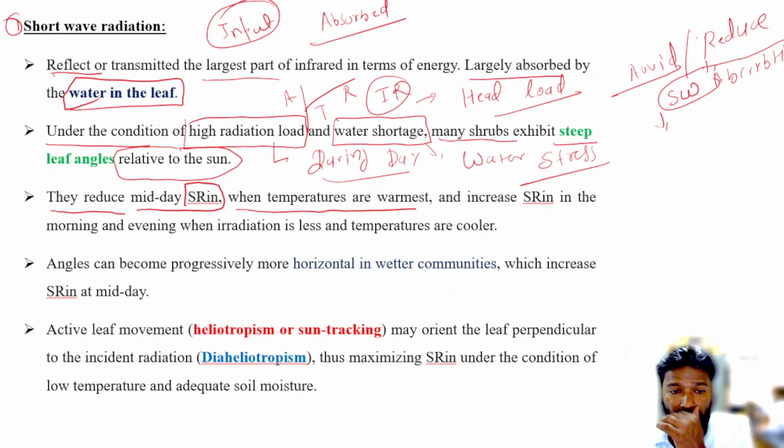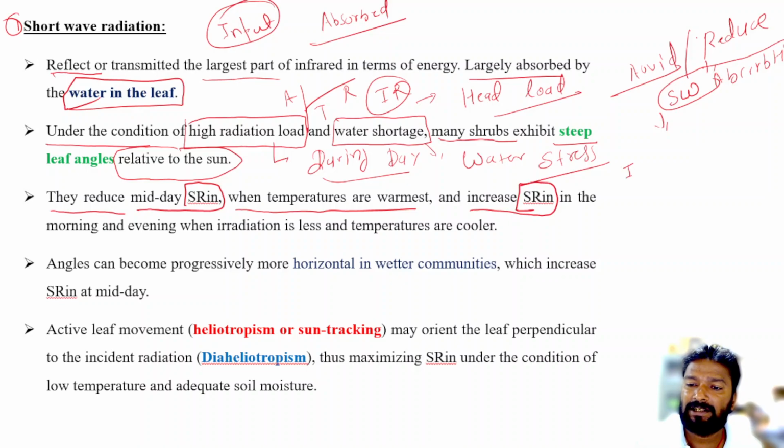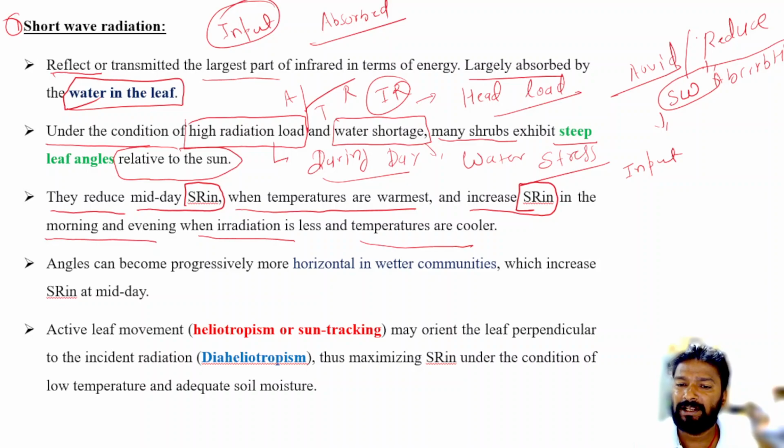But opposite to this, they increase the absorption of solar radiation, or input of energy, in the morning and evening hours when the irradiation is less and temperatures are cooler. During morning and evening hours they increase the solar radiation absorption.